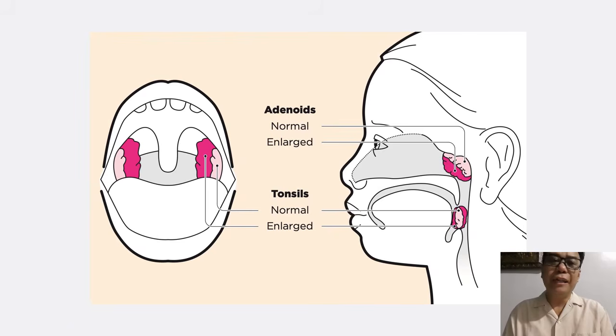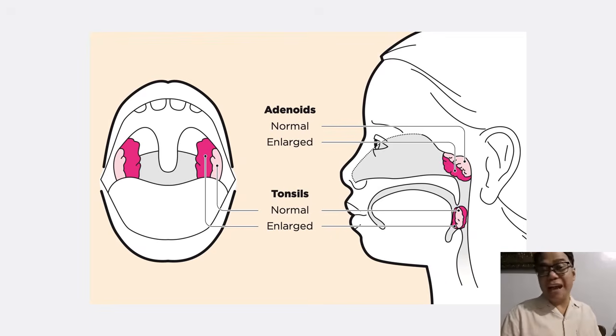And of course, they could have surgery. Removal of the tonsils is tonsillectomy. Removal of the adenoid is adenoidectomy. However, if this is your first time experiencing tonsillitis, for example, tonsillectomy is not recommended.